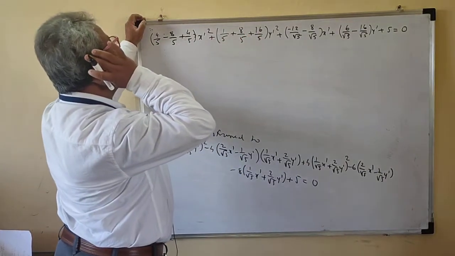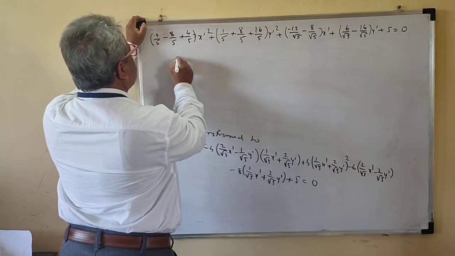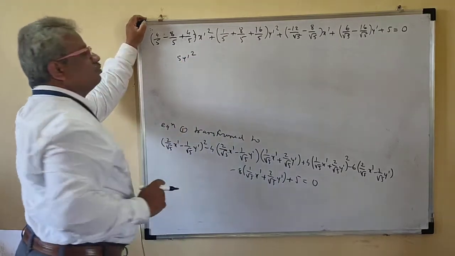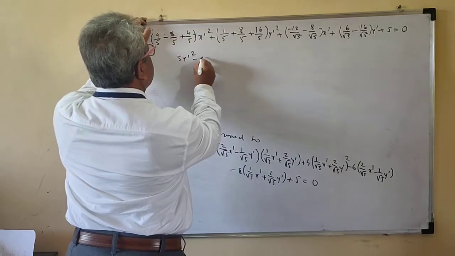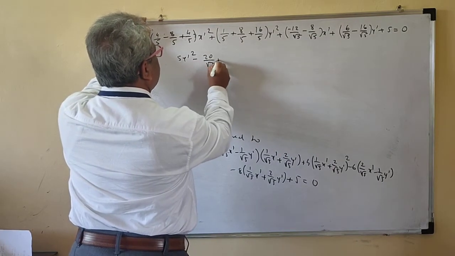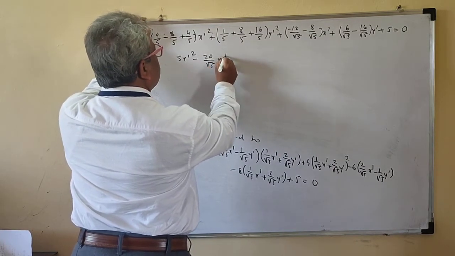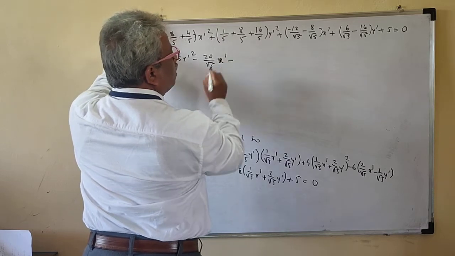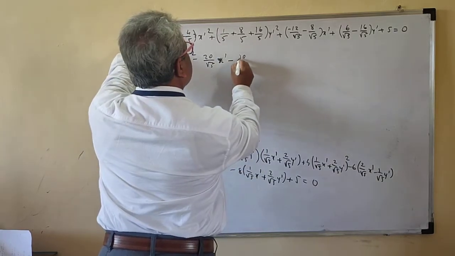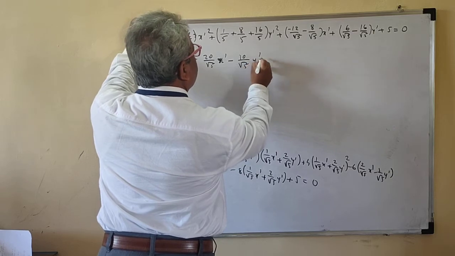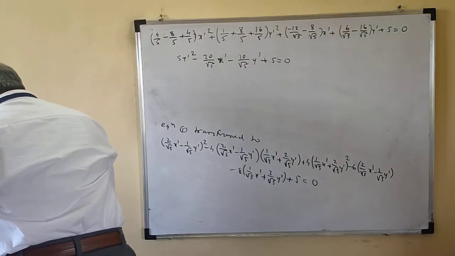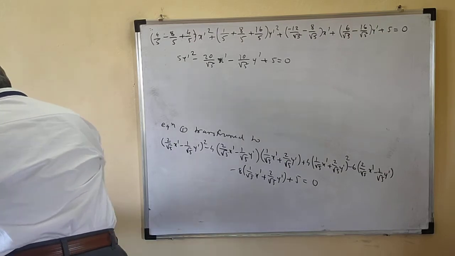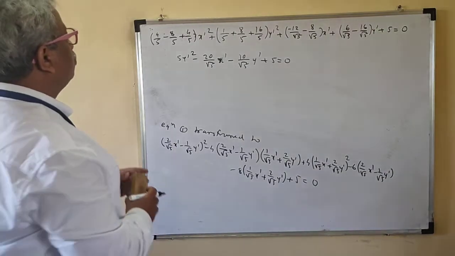This is 25, 5y prime square, minus 20 upon root 5 x prime, minus 10 by root 5 y prime plus 5 is equal to 0.